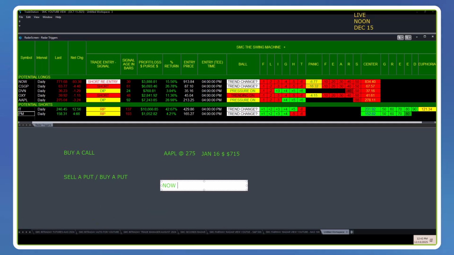Let me just do the math here. Bear with me. If we were to sell a 770 put, even if we're a little bit concerned, that's pretty pricey, which is good, right? If we want to sell, let me just get a calculator here.